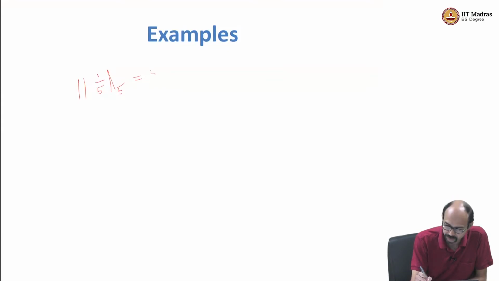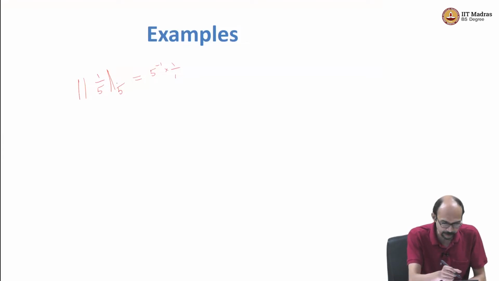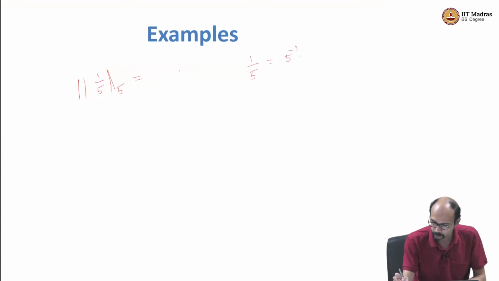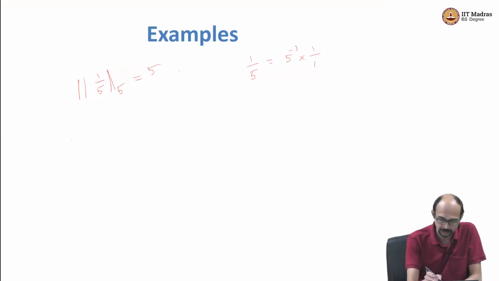So 1 by 5 can be written as 5 to the power minus 1 times 1 by 1, and that's your n. So you do 5 to the power 1, so this is 5. Okay, that's the norm.